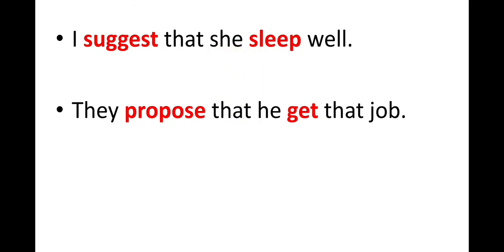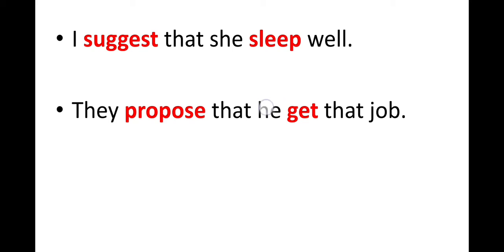So that's the grammatical error, which is very common because people don't know about this rule. So now, if you know about the subjunctive, you can avoid that grammatical error. What's that error? Probably you can think that this sentence should be written in this way: I suggest that she sleeps well.